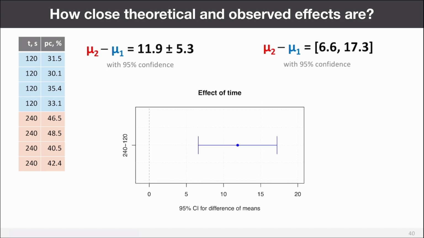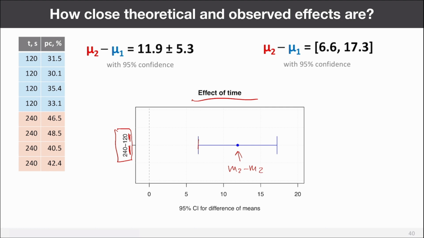Okay. Usually we visualize these kinds of things using a special plot like this. You can see that this is a particular effect we observe: the change in time from 120 to 240 seconds. So you can see 240 minus 120, meaning the average of 240 minus the average of 120. This is the observed effect, so this is M2 minus M1.